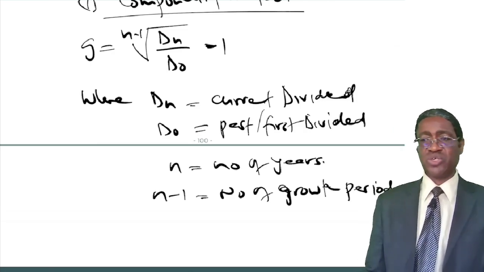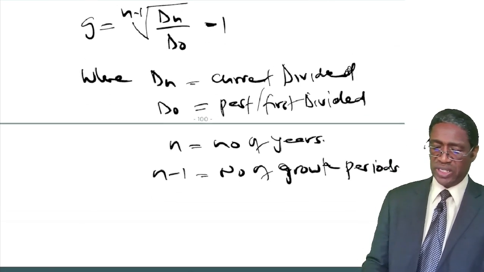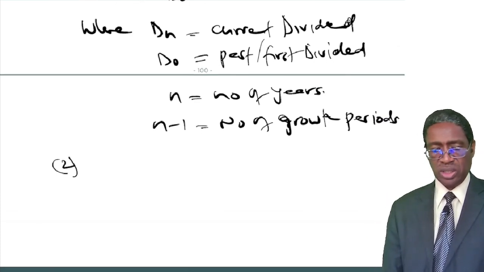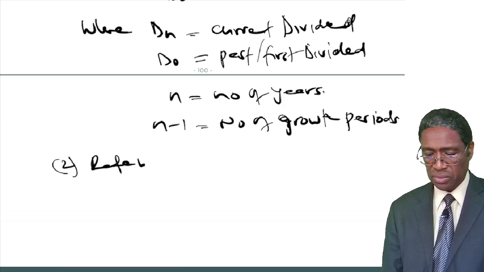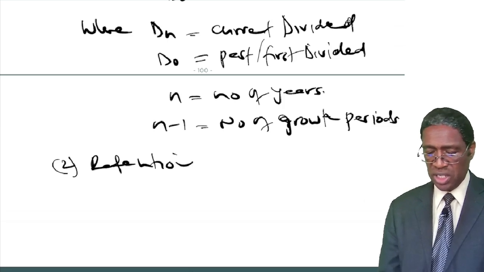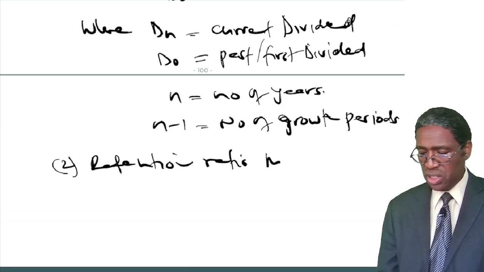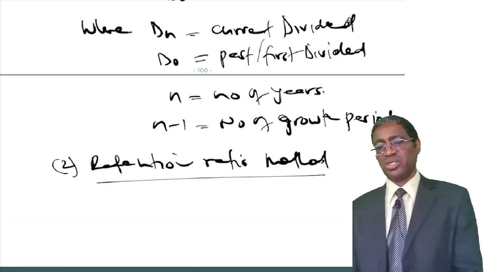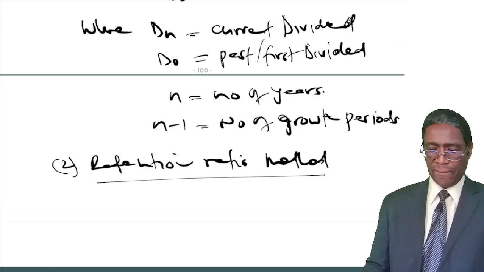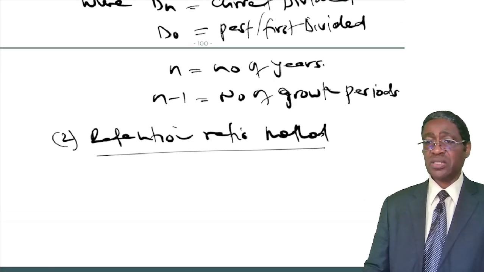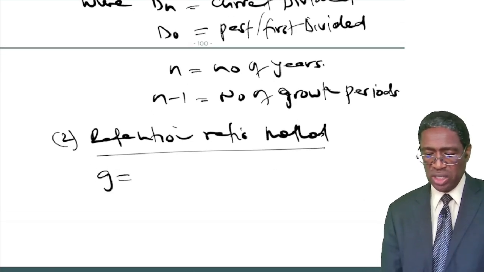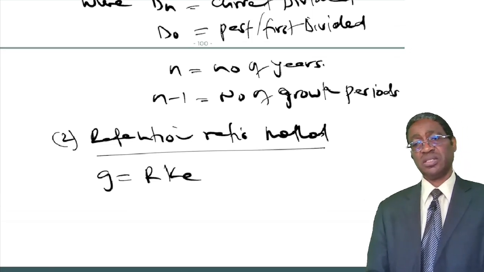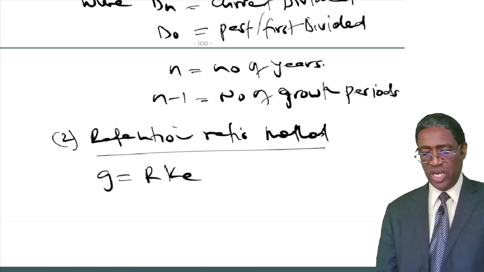Let's note number 2, the formula for getting the growth rate if it's not given. Number 2 is the retention ratio method, where to get G, it's R multiplied by KE.